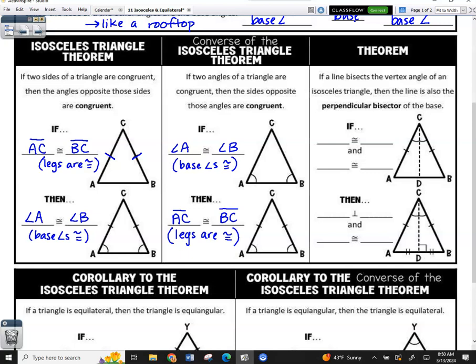That is called an if-then statement. It's conditional, meaning if you meet this condition, then this is the result. If you come in the door after the bell rings, then you are tardy. That's a conditional statement. Now I'm going to switch it.